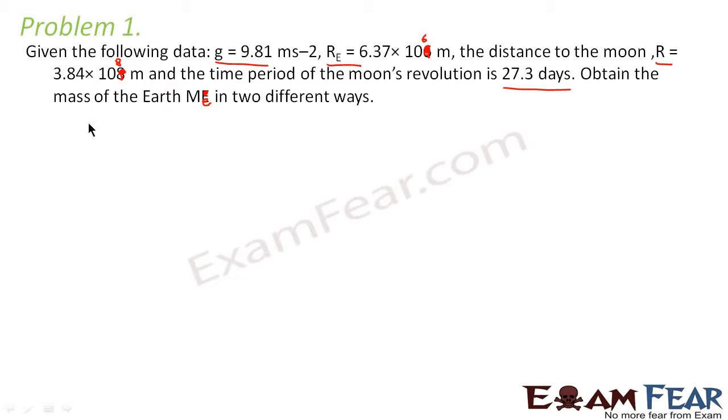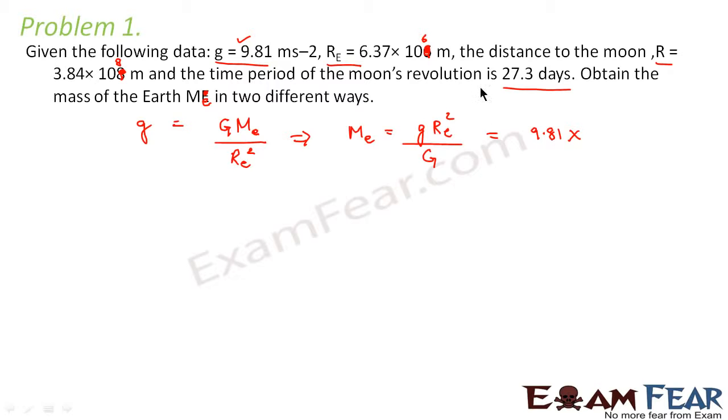So let us start. We know that the acceleration due to gravity g is equal to G me divided by re square, right? So we can say that me is equal to g into re square divided by capital G. Now the value of g is given as 9.81.